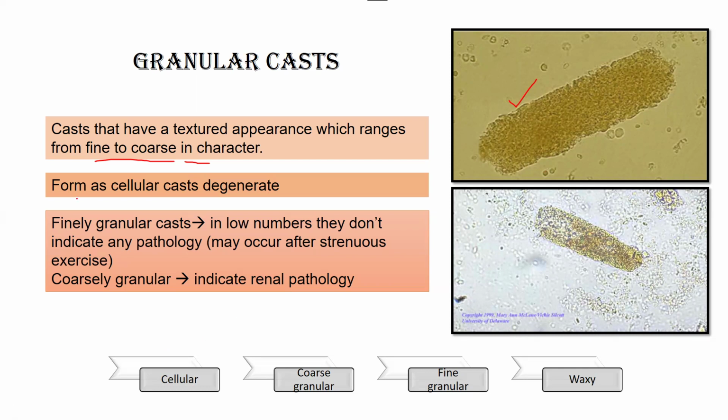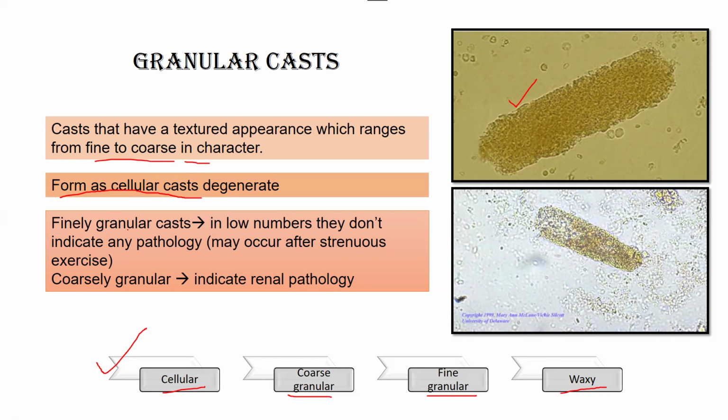We have also discussed this point in the previous lecture, that granular casts are formed as cellular casts degenerate. You should remember this picture from the previous lecture: cellular casts are formed first, they degenerate into coarse granular casts, which degenerate into fine granular casts, and which degenerate into waxy casts.